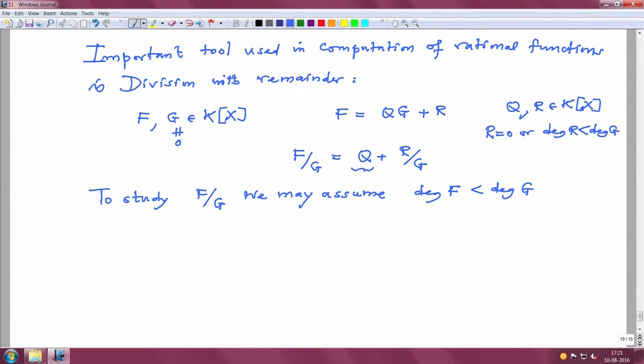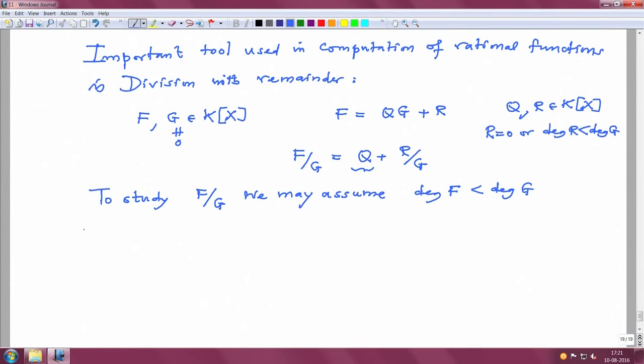We know how to study polynomials better than rational functions. So I will just concentrate on this part. Either the numerator is 0, in which case we stop, because we have to study only polynomials, otherwise we can assume this. Okay.